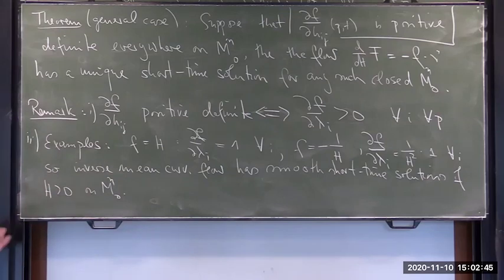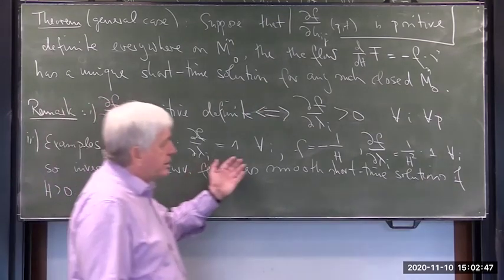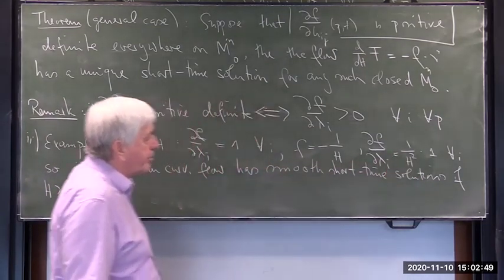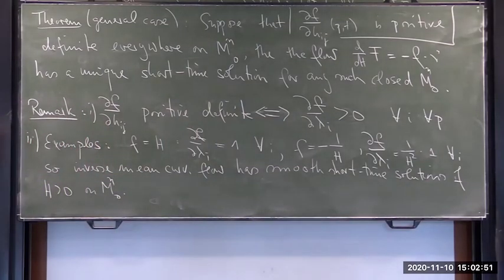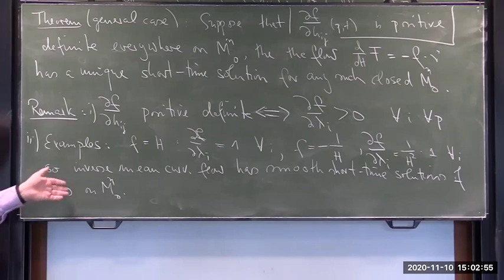Have strictly positive mean curvature, then this assumption that 1 over H squared is positive everywhere is fulfilled, and you get a short time solution of inverse mean curvature flow.